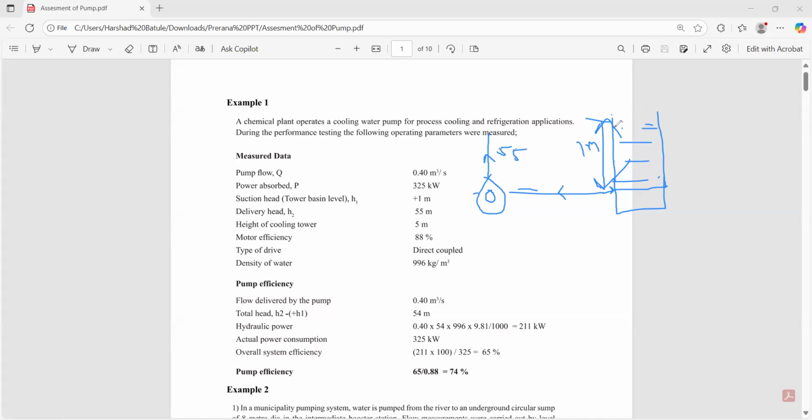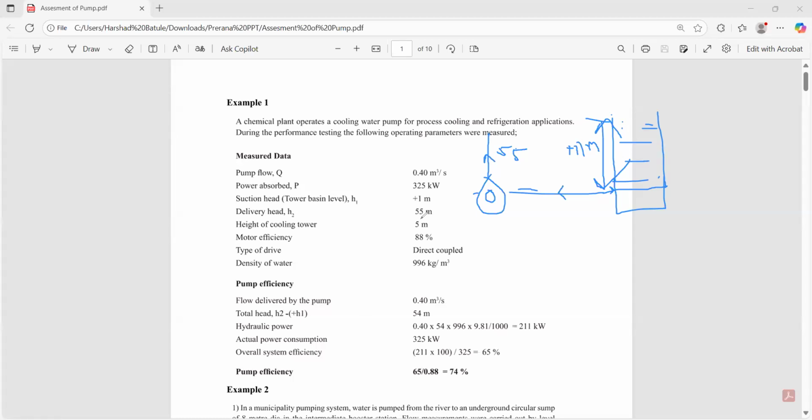So this is a free fall, and you will not require any energy to pump this water. Your water will be freely available at the pump eye level, so your plus 1 meter is there. During calculation, the free fall is subtracted: 55 minus your suction head of 1 meter, so 54 meter would be your total head.